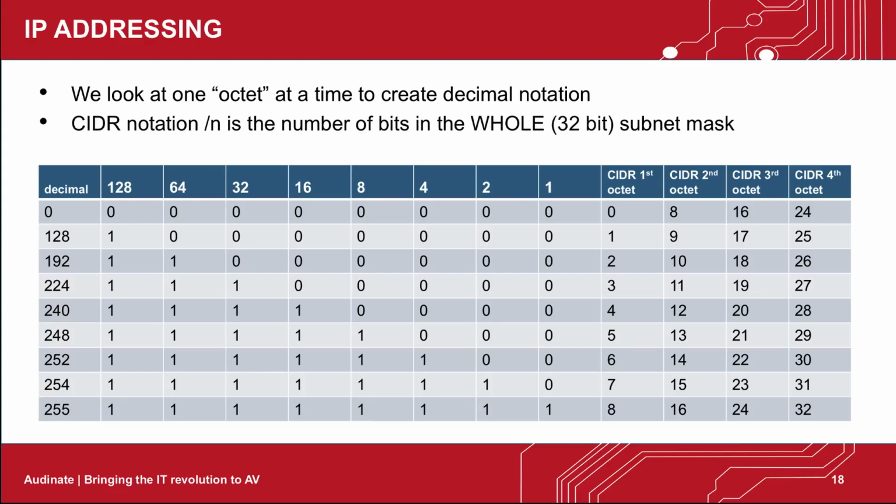Here we can look at the CIDR number of whichever we call the significant octet. For example, if we're looking at an 8-bit 255.0.0.0, we can trace down 255, go across, and we can see CIDR first octet is 8. If we want a 16-bit subnet mask, we do 16.